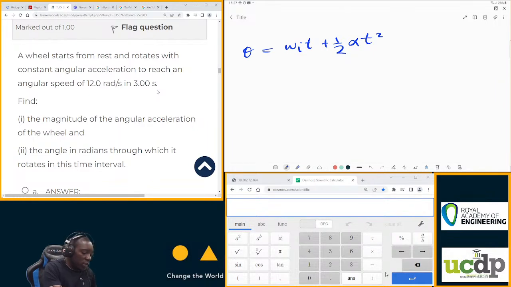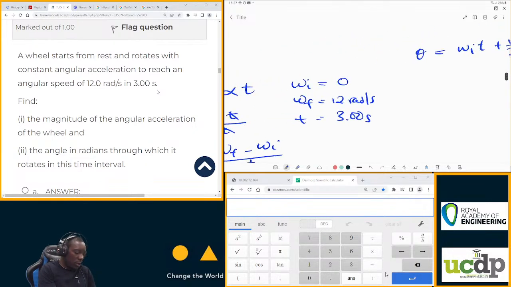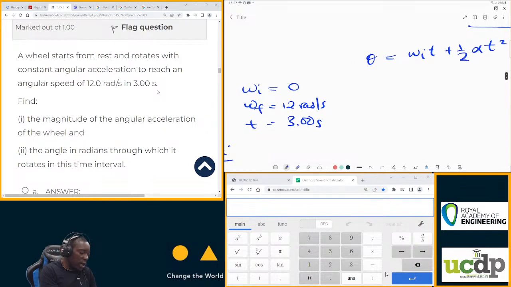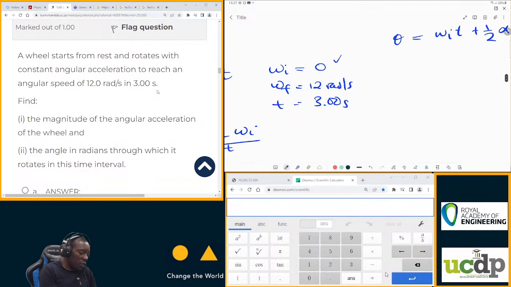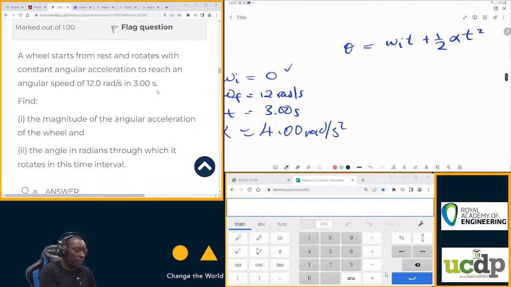So what do we get from that expression? We have already assigned a value to omega I, and we have found alpha to be 4, and we know t.